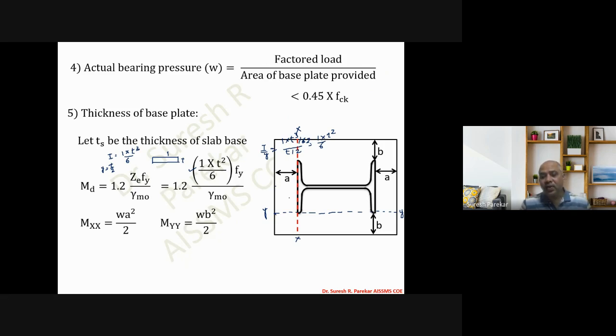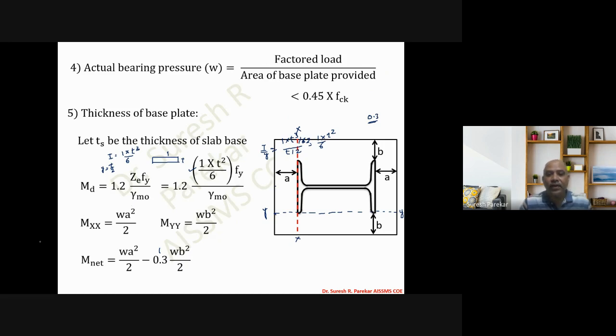And the IS code has considered Poisson's ratio as 0.3, and this much coefficient is considered in Myy, and that value is subtracted from Mxx, and therefore we will consider M net equal to w a square by 2 minus 0.3 w b square by 2. This is considered as Poisson's ratio 0.3, and that value we are going to deduct from w a square by 2 for the net moment. And then we are going to equate this.